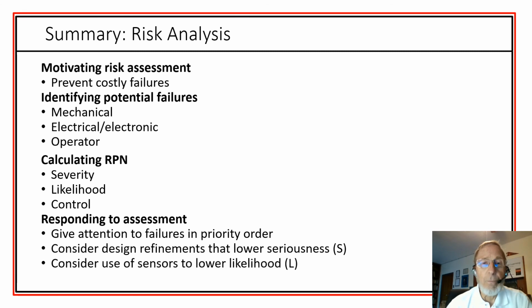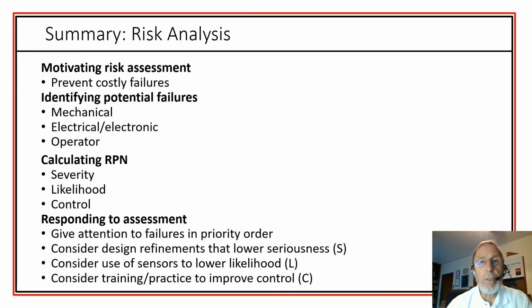You can consider the use of sensors to lower the likelihood, so that the sensor can detect and prevent some of these from happening. Or perhaps you need to consider training and practice of your drive team in order to improve the controls, so they understand, they can anticipate what's happening, they can actually take actions to prevent the failures from occurring.